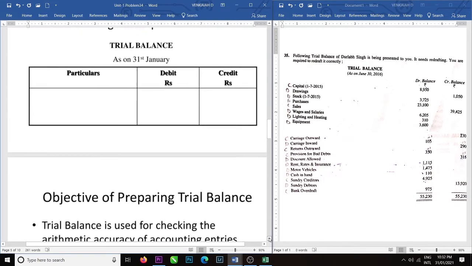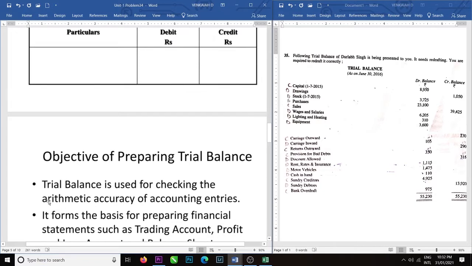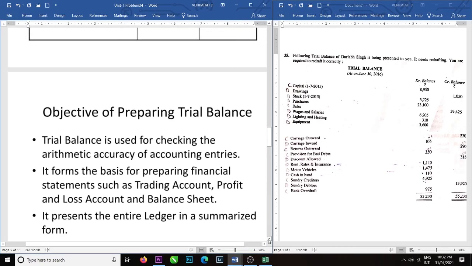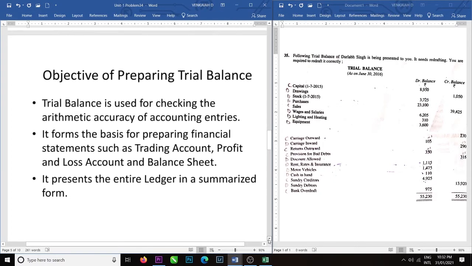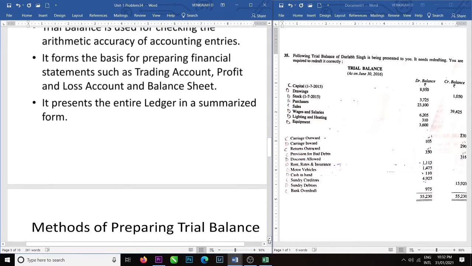The main objective of preparation of trial balance is to know the arithmetic accuracy. It is a basis for preparation of financial statements, those are trading profit and loss account and balance sheet. It presents the entire ledger in summarized form. All the ledgers were summarized in trial balance.